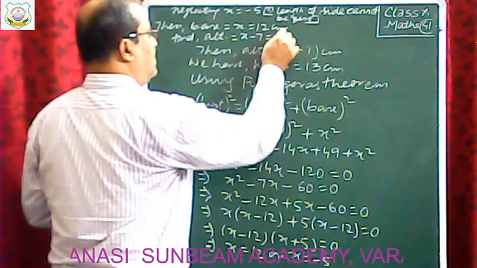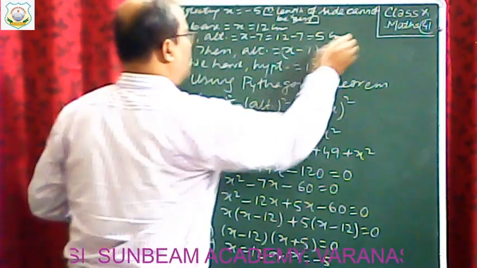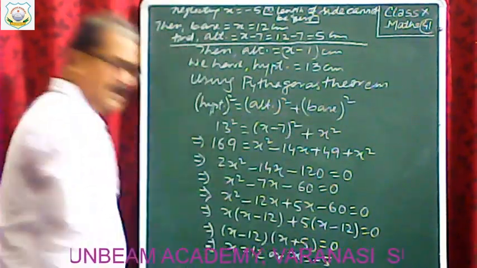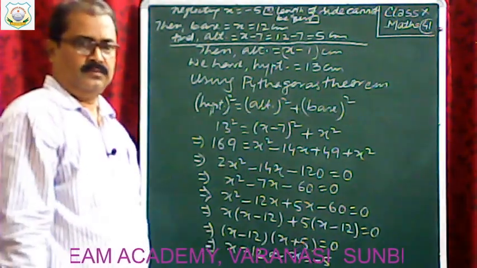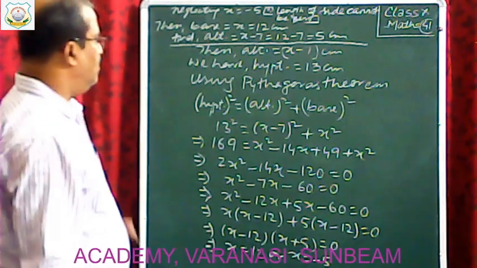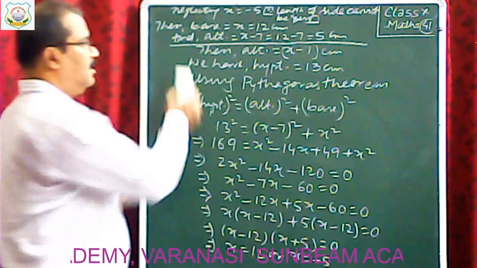So 12 minus 7 equal to 5 centimeter. So remaining two sides are 12 and 5 centimeter. Clear? So by factorization method we have to find the roots. One more word sum we have to follow up. Done everybody? Okay.